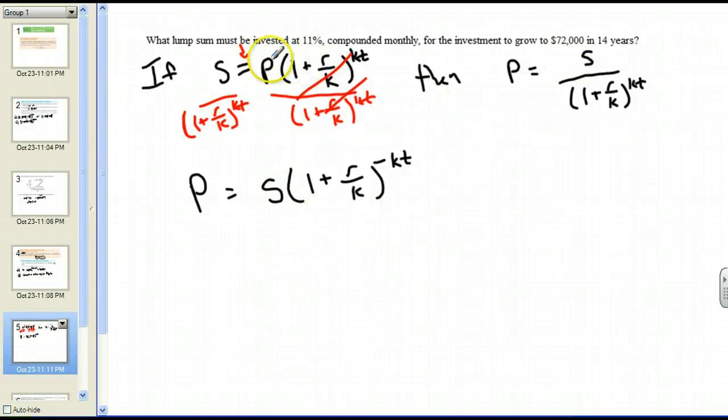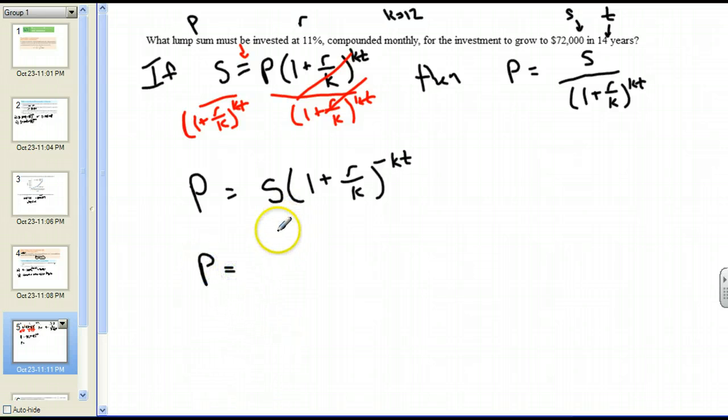So for this one, what lump sum, that's the P that we're looking for, must be invested at 11%, that's r, compounded monthly, so that means k equals 12, for the investment to grow to 72,000, so that's S, in 14 years, and there's t. So we've got everything we need to plug in.